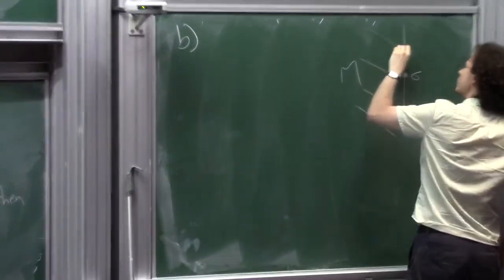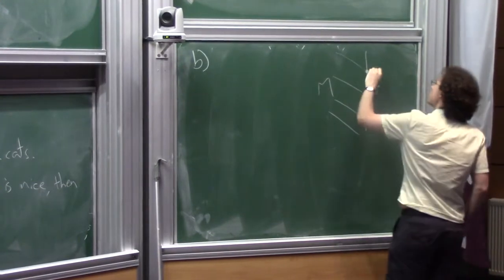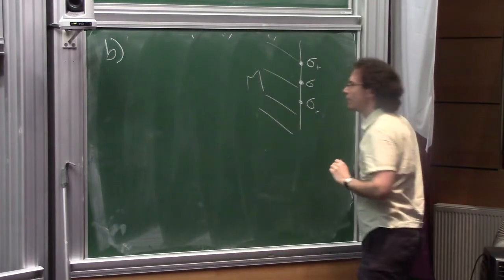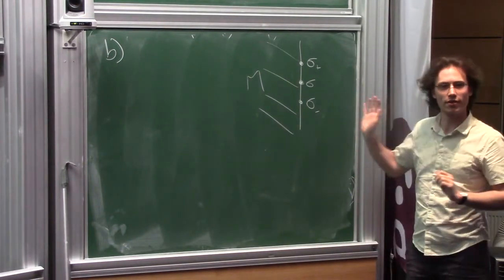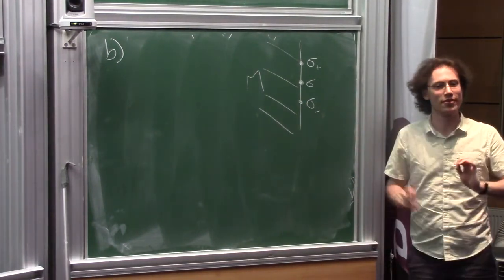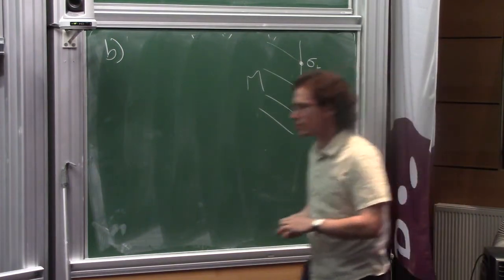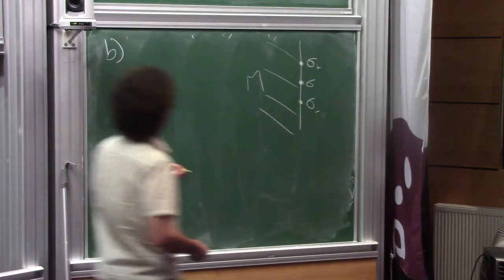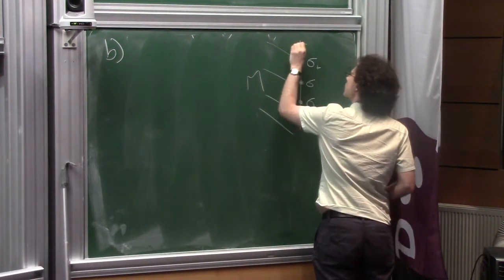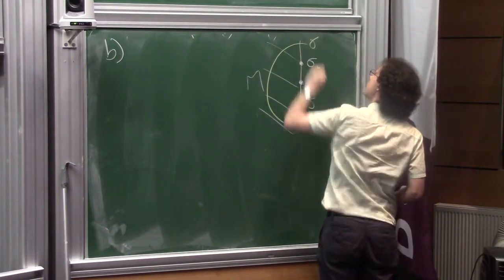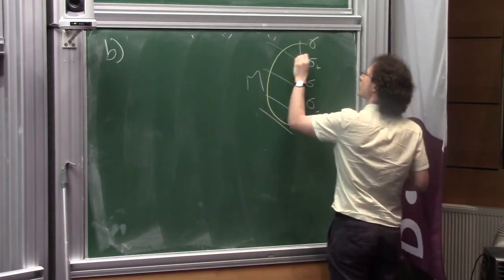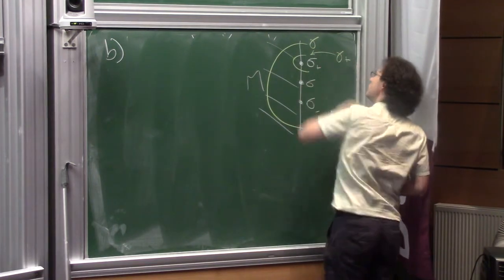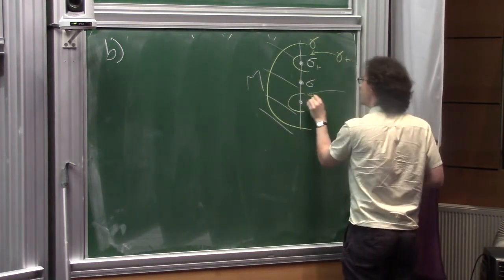Now I'm going to replace sigma with two things, a sigma plus and a sigma minus. I'm going to forget about sigma shortly, so in that sense I'm really just doubling. Let's draw some curves. Here's gamma, here's gamma plus, and here's gamma minus.